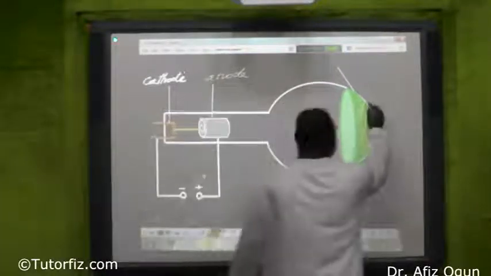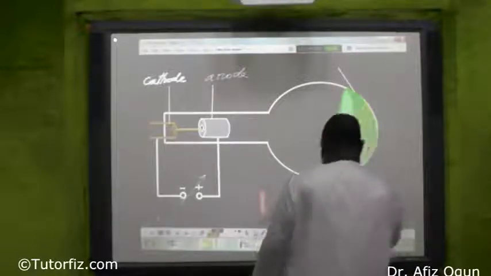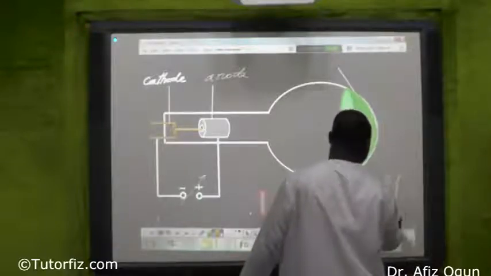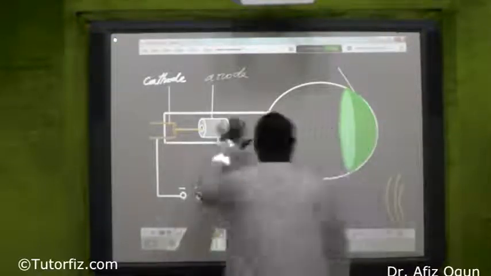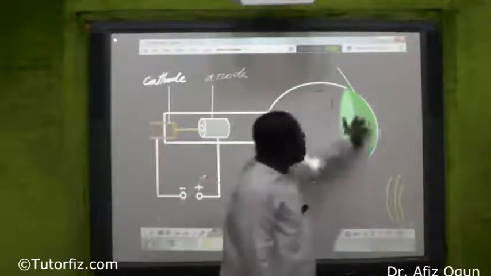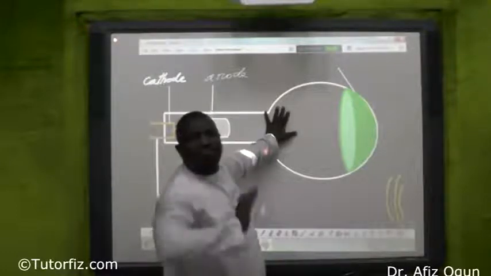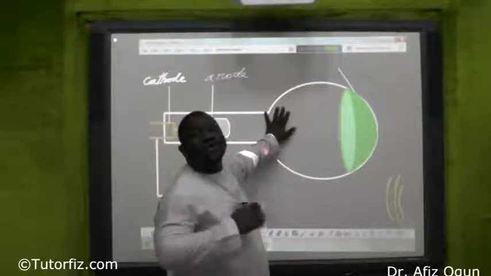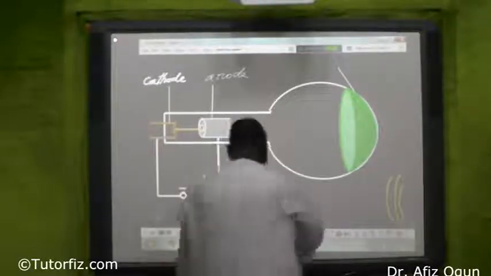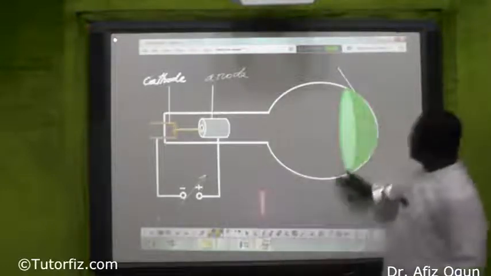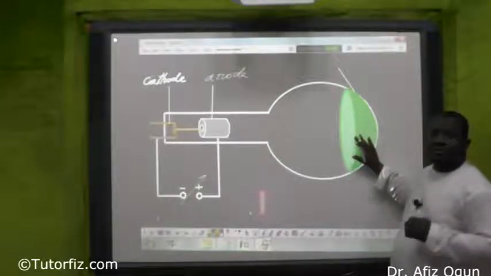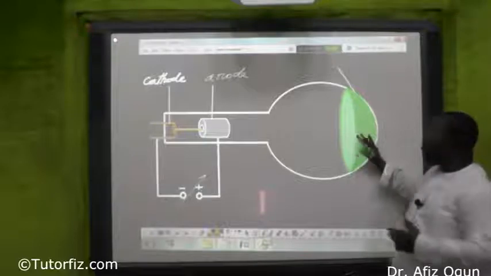And what did we see first, without anything there? Of course we have a tube. This tube is evacuated. The tube is a vacuum because we don't want the electrons to collide with any other thing. The bottom end of this glass tube is coated inside with what we call phosphor.